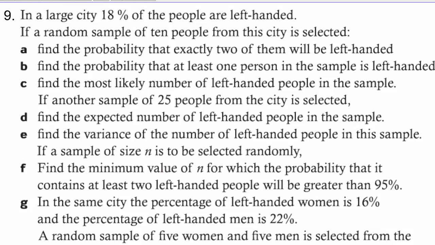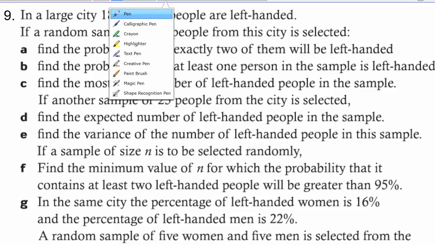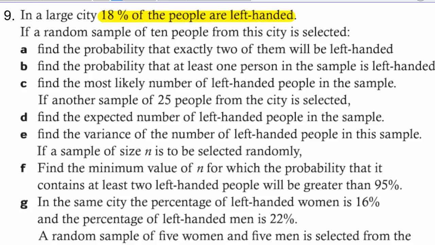Next question, which is number 5. In a large city, 18% of the people are left-handed. If I can just start highlighting a few things here, 18% of people are left-handed, which basically means the probability of success is 0.18.